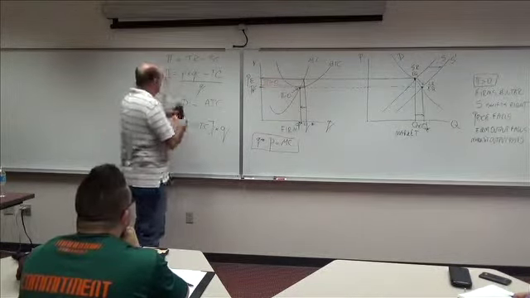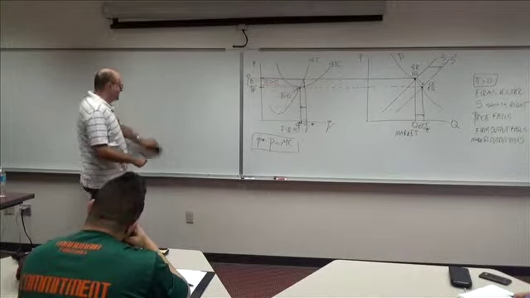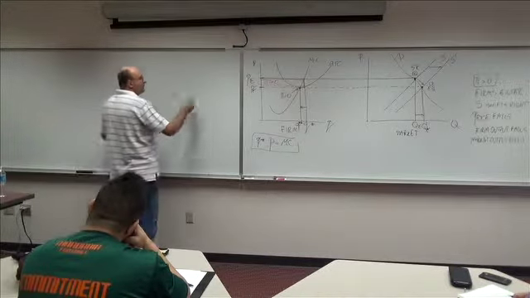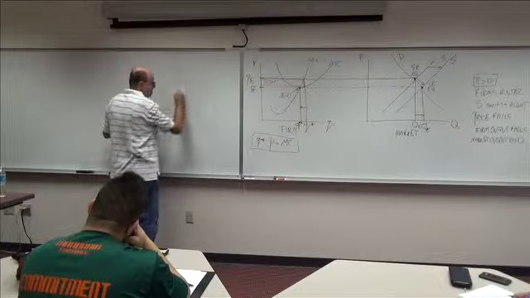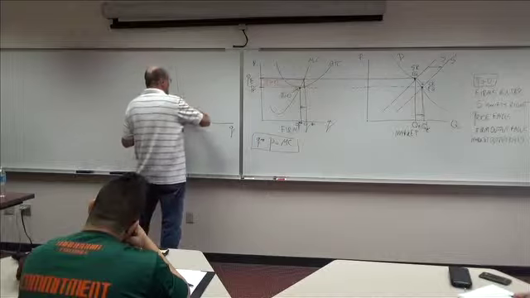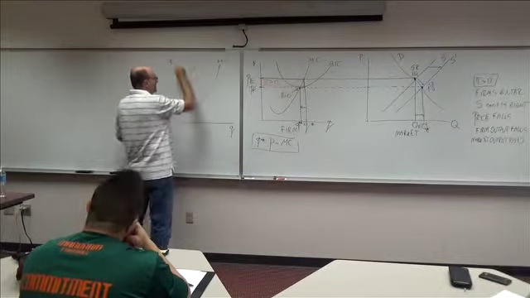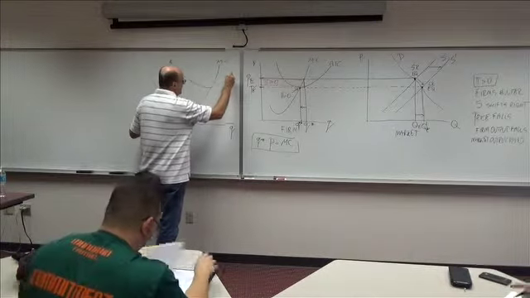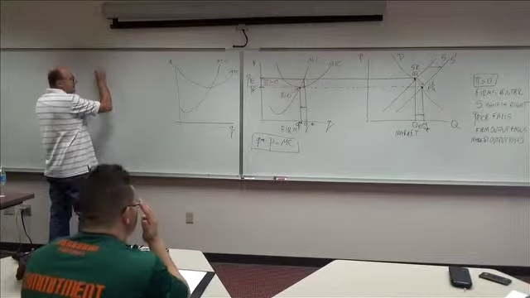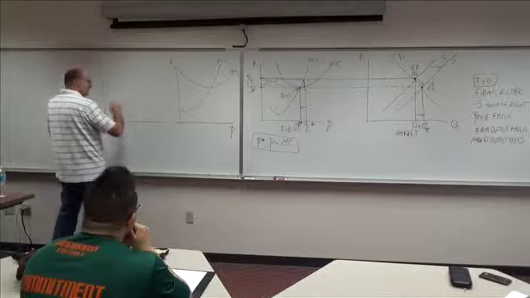Let me now show you a different market and a different firm. Say we have a typical firm with marginal cost and average total cost, producing a good in a market that looks like this.